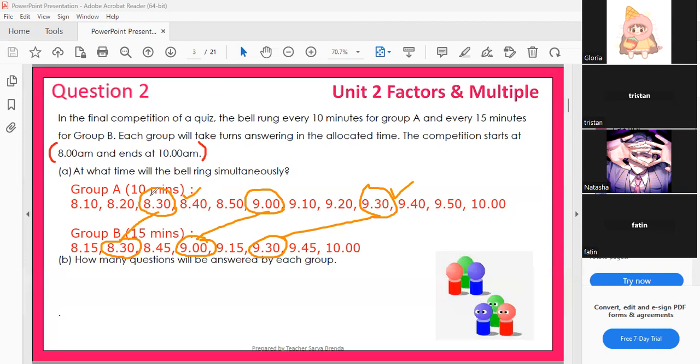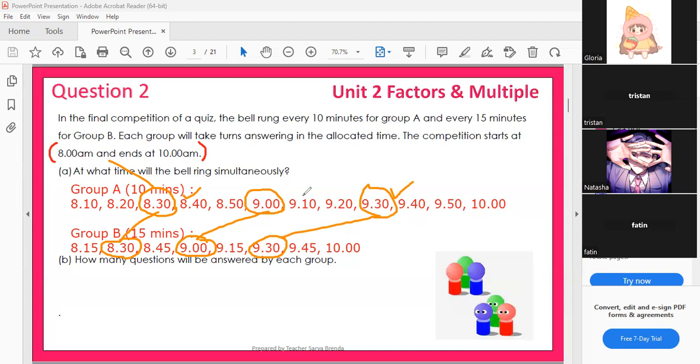A lowest common multiple means I'm only talking about 8:30. Yes or not? Correct or not? All these are common multiples. Very good, Natasha. So now you remember, and we don't necessarily use just numbers. We can bring it into real life situations like this. Got it?